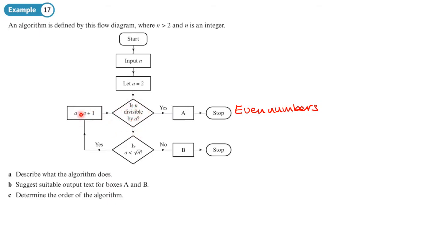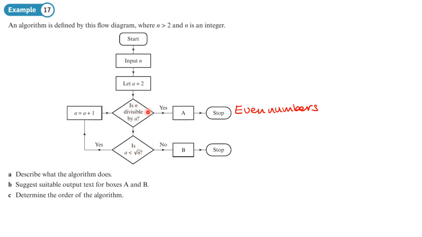So let's focus on what type of numbers are going to end up here. So we said even numbers. Then if we go around here again, it's going to be numbers which are divisible by 3, then divisible by 4, and then 5, and then 6, and a is going to keep increasing until this question gets answered no.